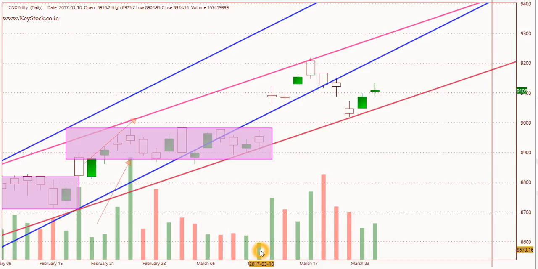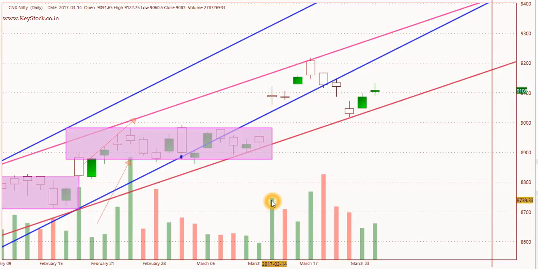But as the sentiment improved after the election results were announced, a high volume, narrow spread up bar with a huge gap up, closing in the middle again, has indicated that the supply is overwhelming the demand.